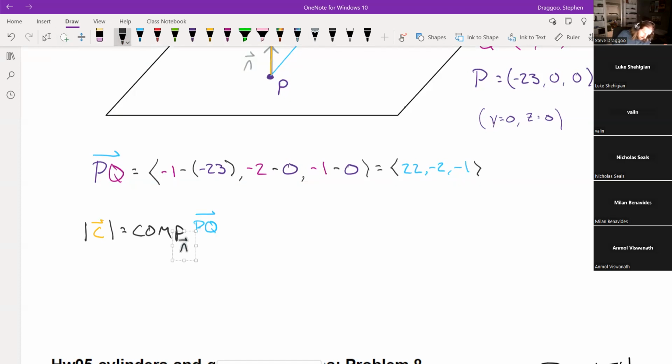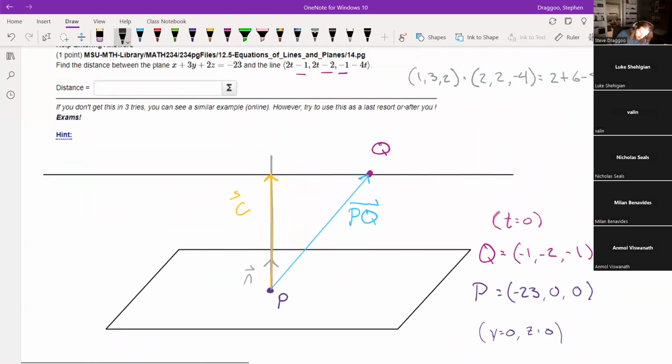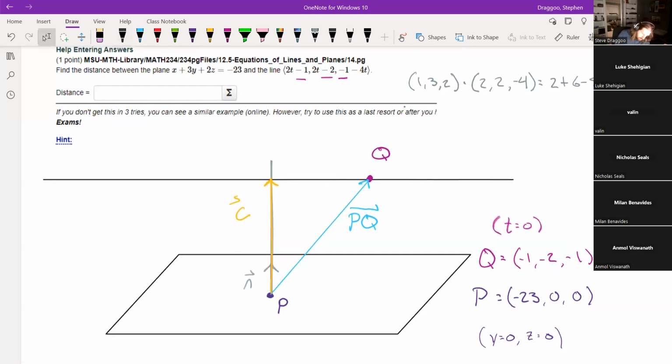If I just need the component of that vector, I need their dot product. 22, -2, -1, dotted with the normal vector, which I wrote down earlier. But let me go grab it again.